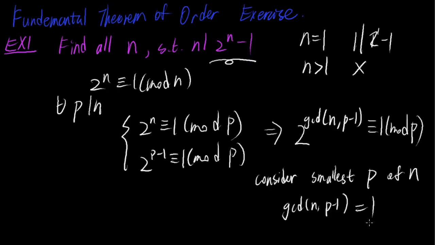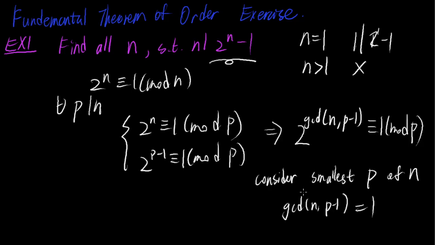Because n's smallest divisor is p, p minus 1 cannot share a divisor with n. Therefore, n and p minus 1 are coprime.